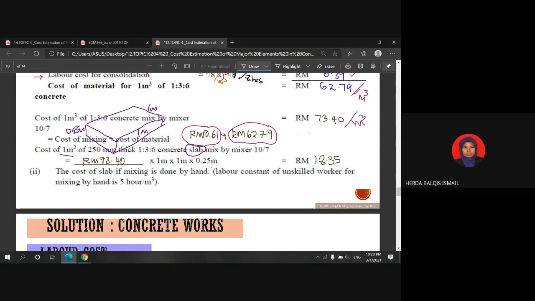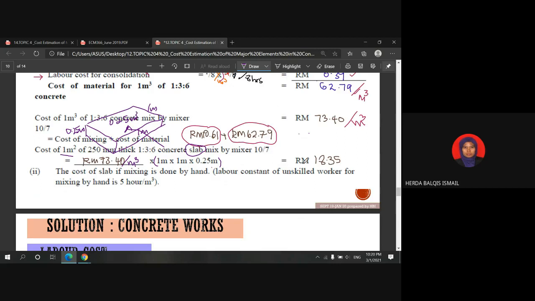Basically, in order to answer the question, the cost of 1 cubic meter of 250 thick, 1 to 3 to 6 concrete slab mixed by mixer is the price per cubic meter times the volume required, which is 0.25 cubic meter.